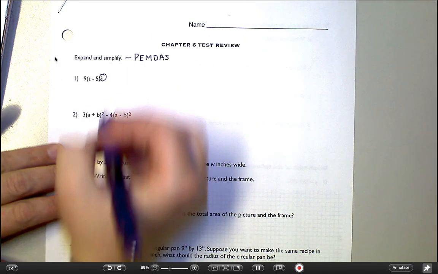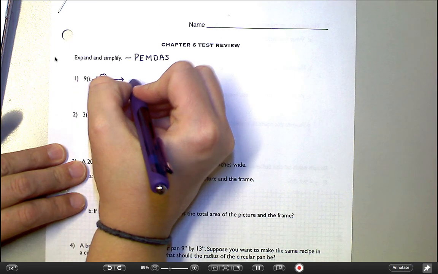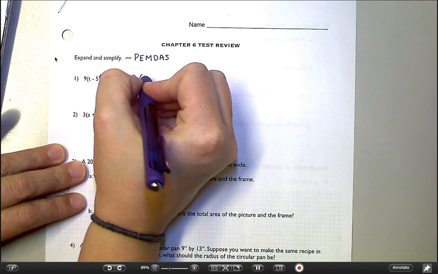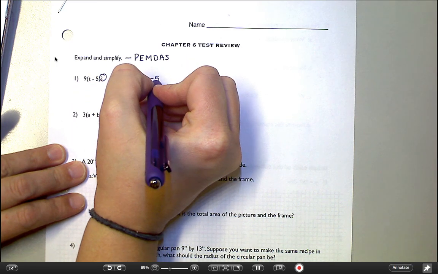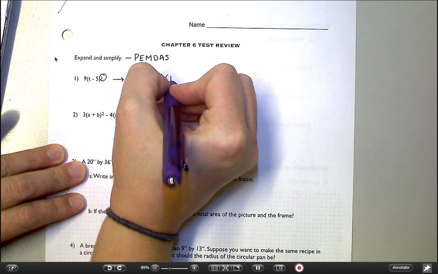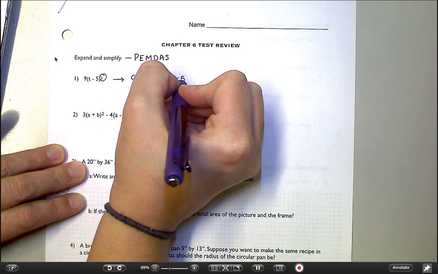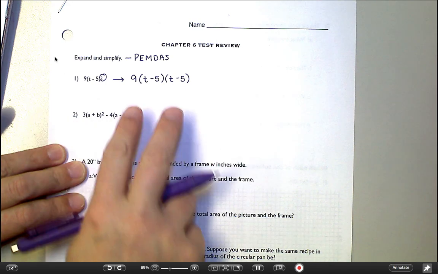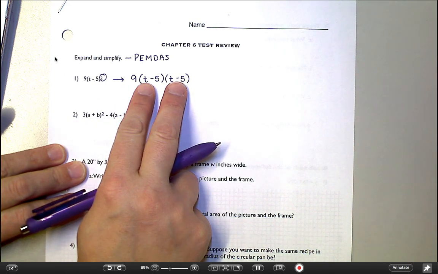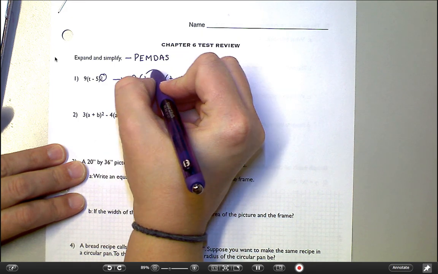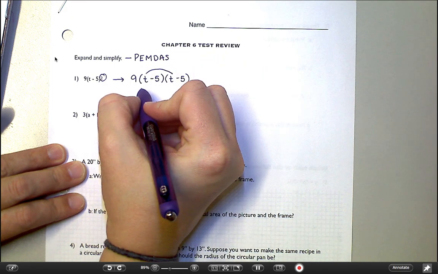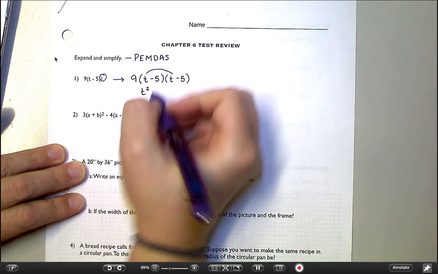going to come in. So I'm going to write this thing out as 9 times (t minus 5) times (t minus 5). And then I would multiply my two parentheses together, okay, and that's where I'm doing kind of that double distribution. So I'm going to take the t and distribute it over here, and that's going to give me a t squared.